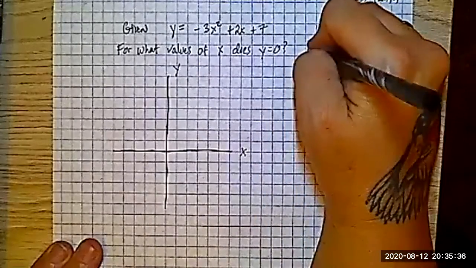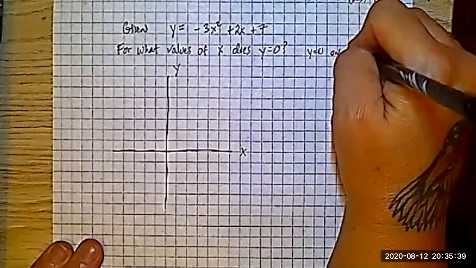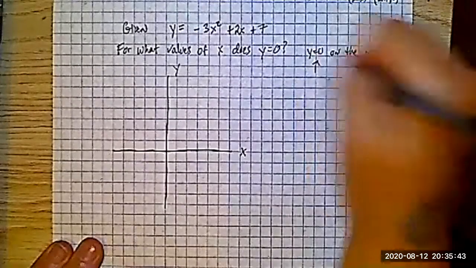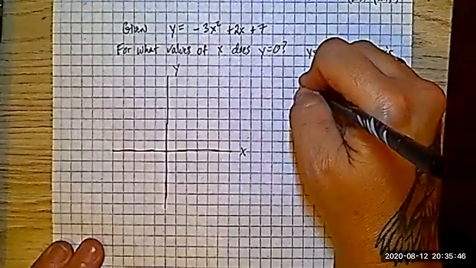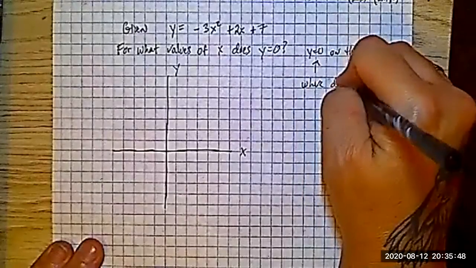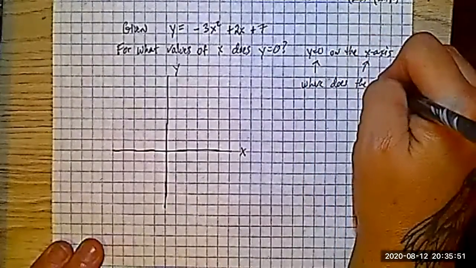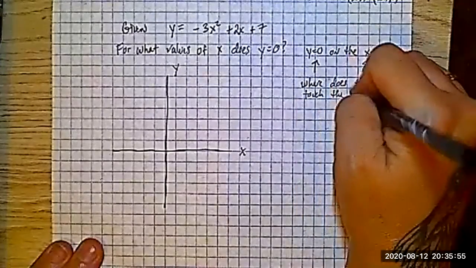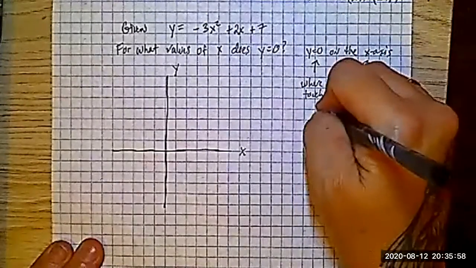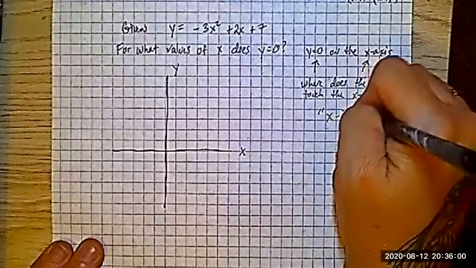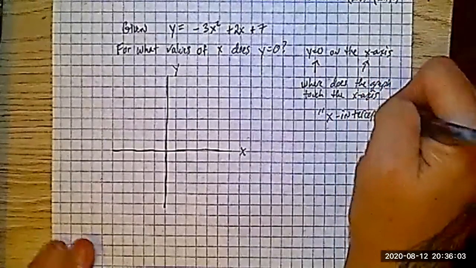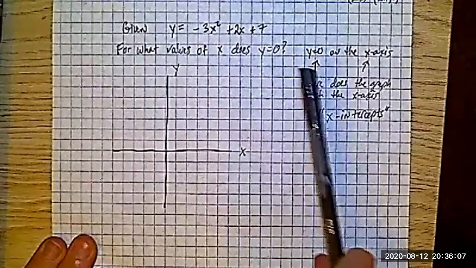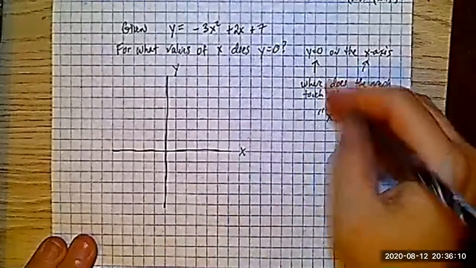So we want to know where does the graph touch the x-axis? And remember, these are called the x-intercepts. And there's actually a lot of names for this. Another name is a 0 because y equals 0. But that's what we're looking for.